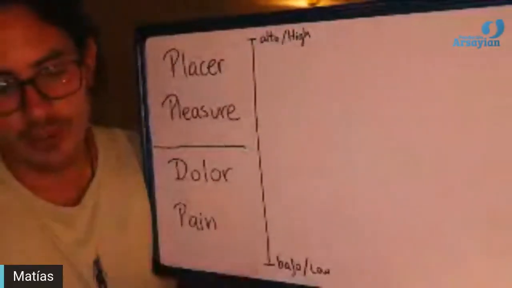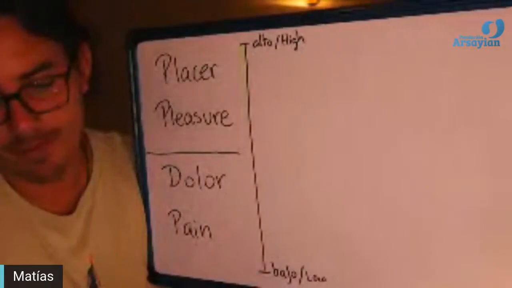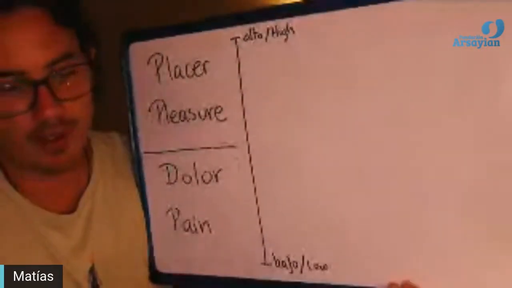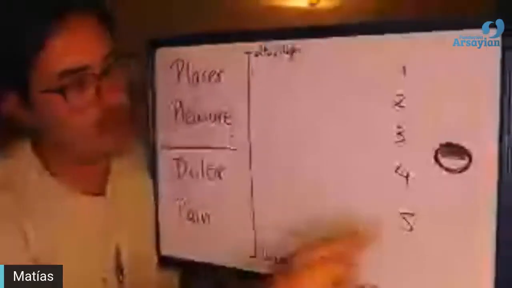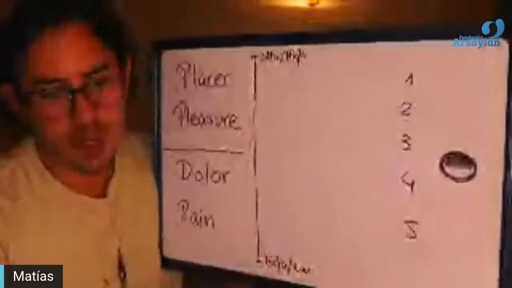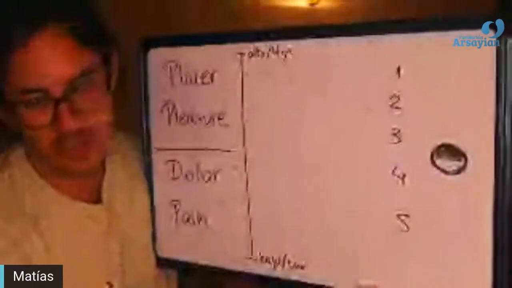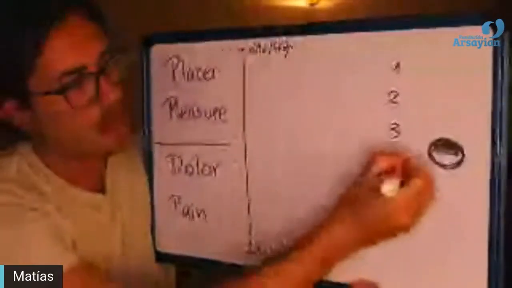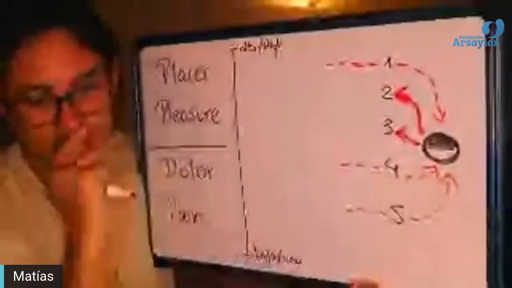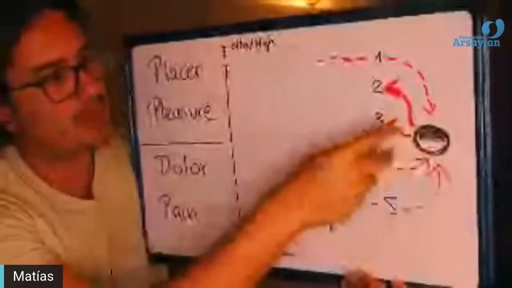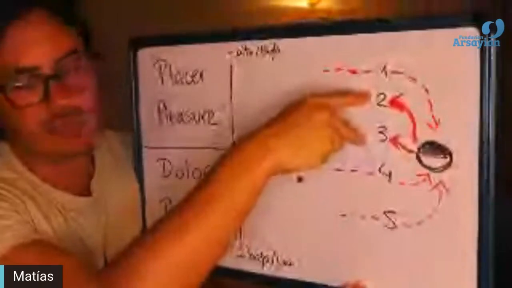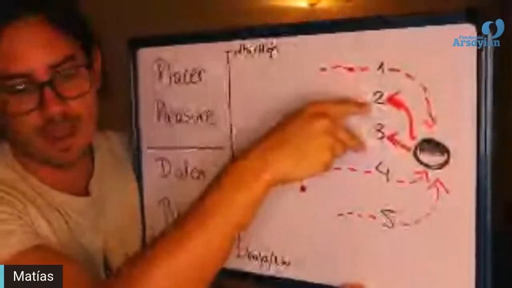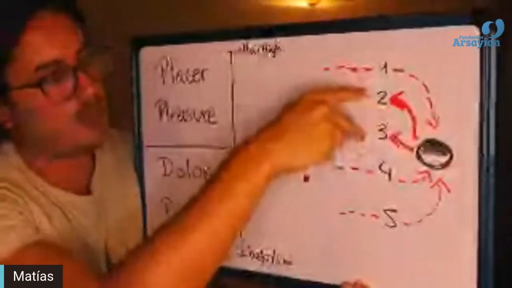I know that you're not seeing it properly, but anyway, I don't have another thing. So for example, I have here one thing, and here I have 5 senses. So for example, I have this object here, and I am receiving information from this object through these 2 senses.